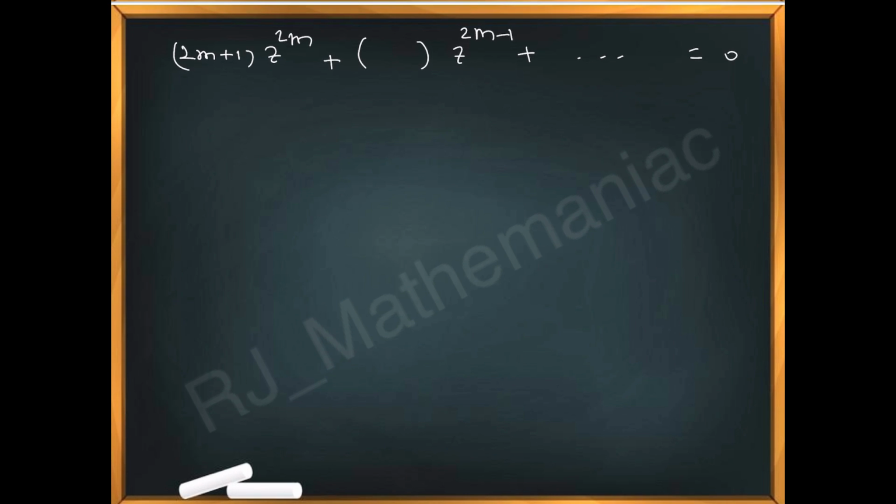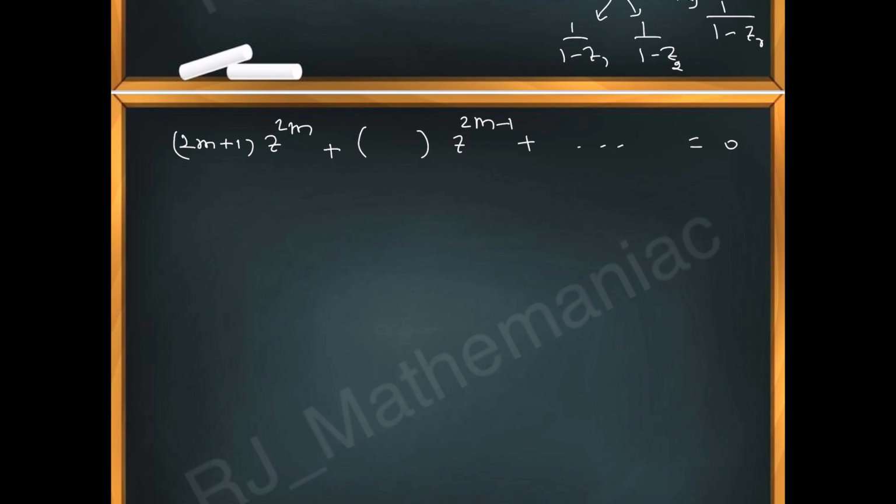That coefficient, using the binomial, will be minus 2m c1, then minus (2m minus 1) c1, minus (2m minus 2) c1 and so on, minus 1. So basically minus of (1 plus 2 plus and so on till 2m), the summation will come. So that is nothing but minus m into 2m plus 1.